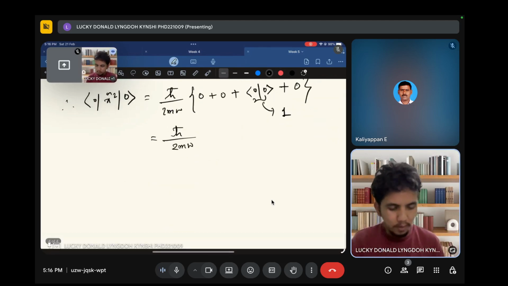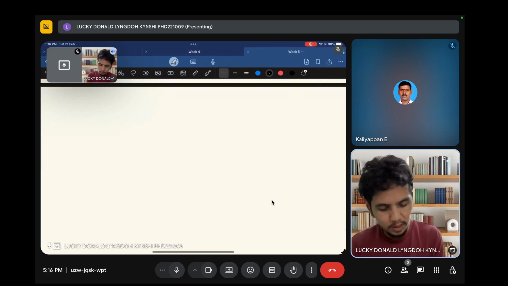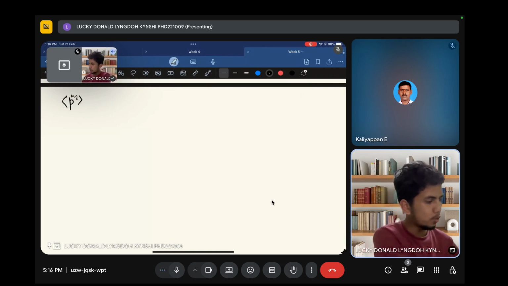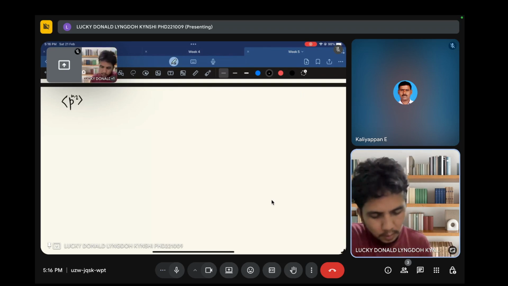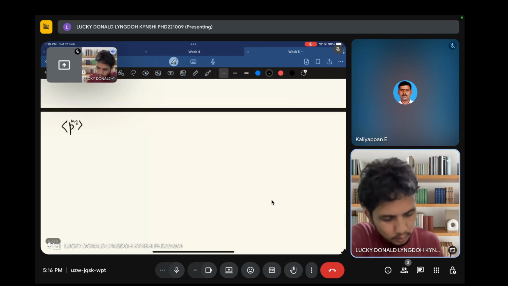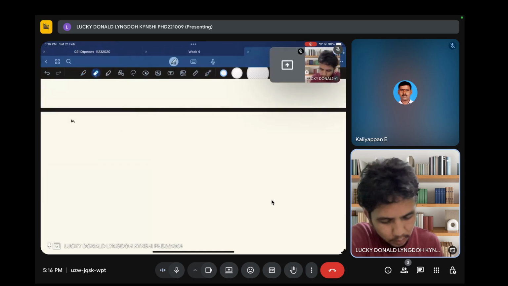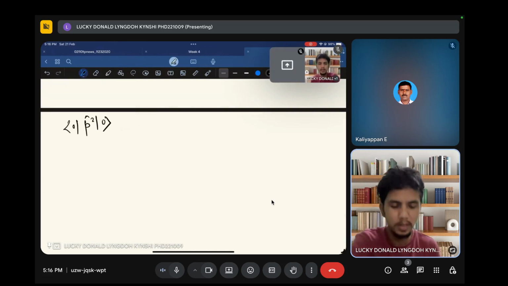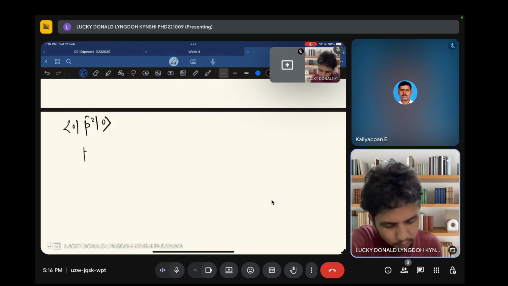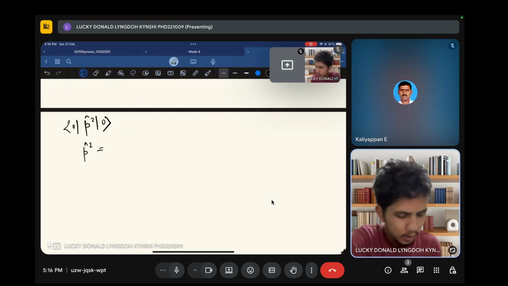Now similarly for the expectation value of your p square. You get the expectation value <0|p cap square|0>. Again you have to find this expectation value, so you do the same thing. First, p cap square is equal to what? It's equal to minus m omega h cross divided by 2.